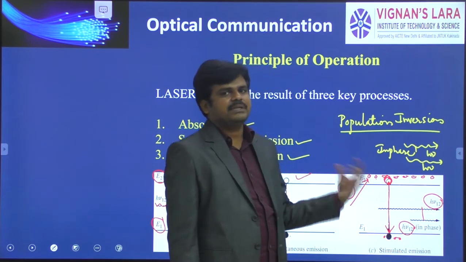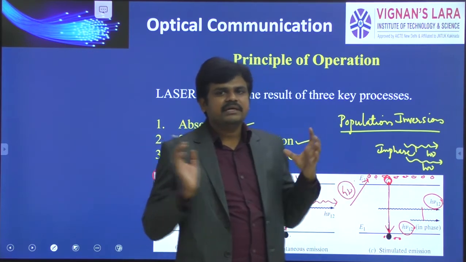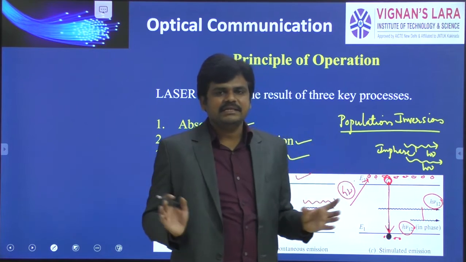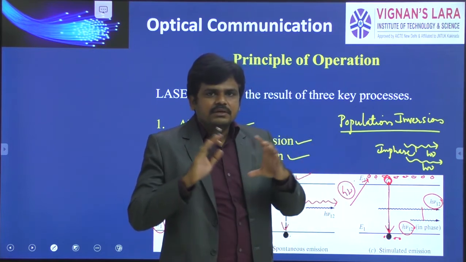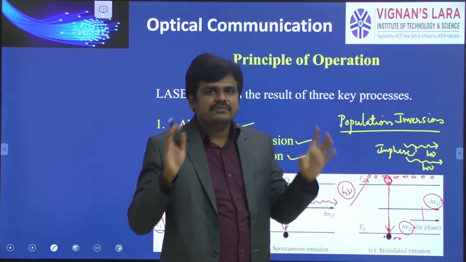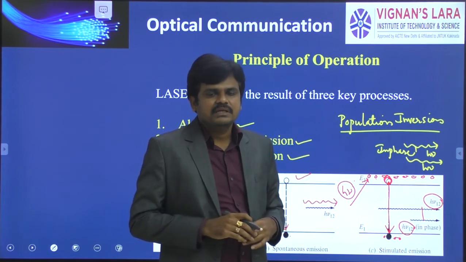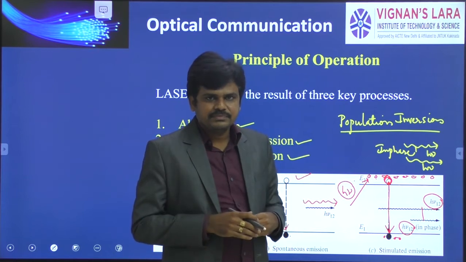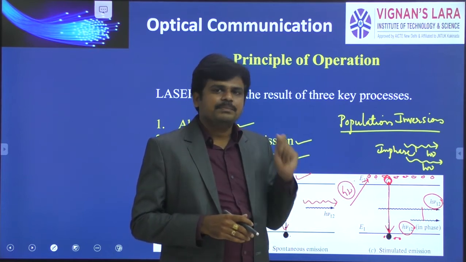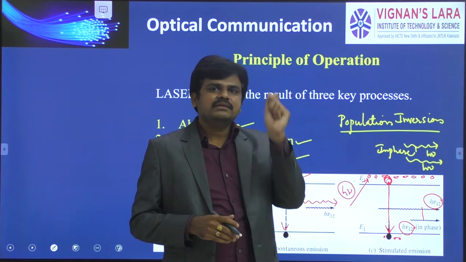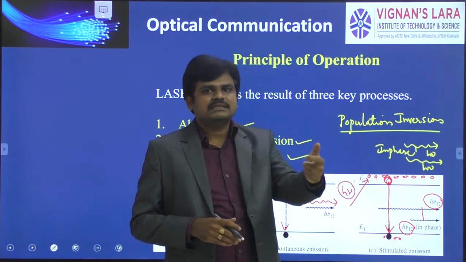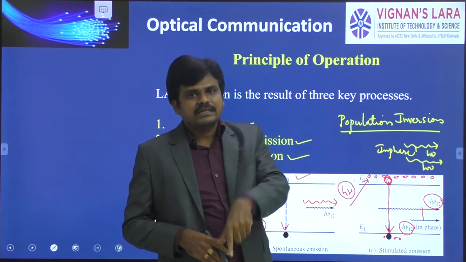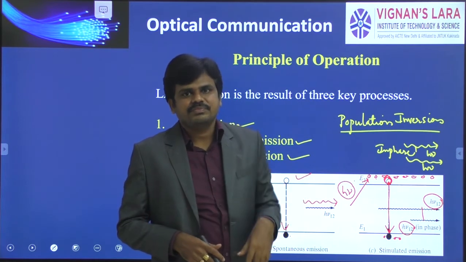It is not happening normally. We are bringing one condition. We are providing a certain environment inside the material such that the population inversion condition is taking place. And we are applying external energy to bring the more number of electrons present in the higher energy state to the lower energy state wantedly.